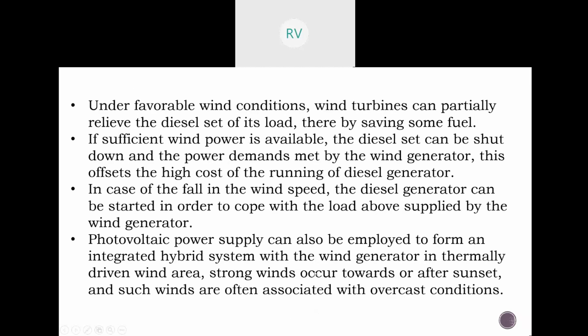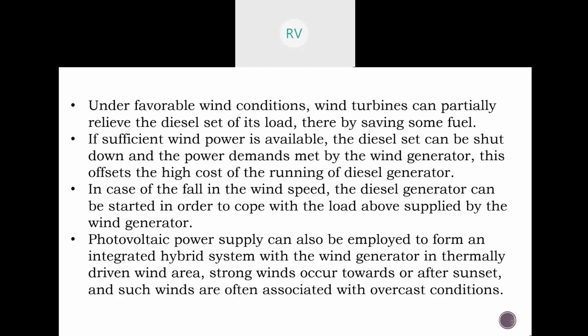Under favorable wind conditions, wind turbines can partially relieve the diesel set of its load, thereby saving some fuel. If we integrate the wind and the diesel engine, then under favorable wind conditions, the wind turbines will take the load, and the diesel engine will not have any load.